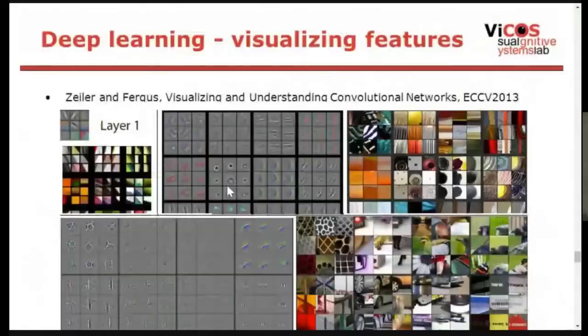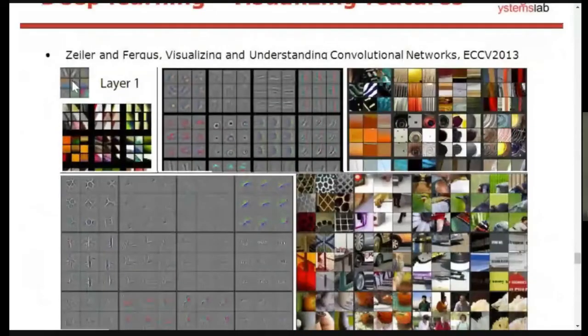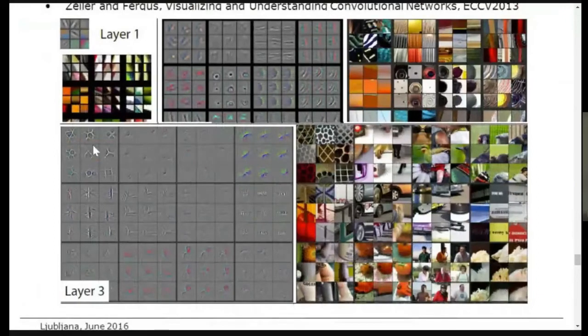Layer number 1 could identify just straight lines, for example, or the colors orange and blue. Layer number 2 can identify circles or stripes. Layer number 3 can identify even more complex things like honeycomb structures, and it's starting to identify human faces over here. It's starting to identify shapes shaped like the human eye.